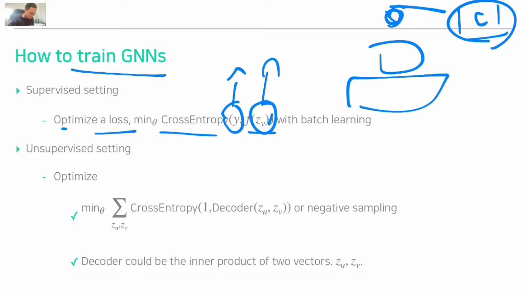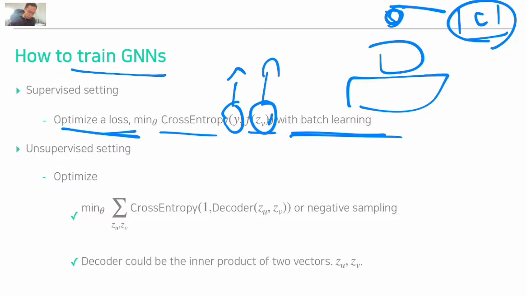So it is like usual supervised learning methods. For the GCN paper, they use batch learning, not mini batch or stochastic gradient descent based learning. They use batch learning.